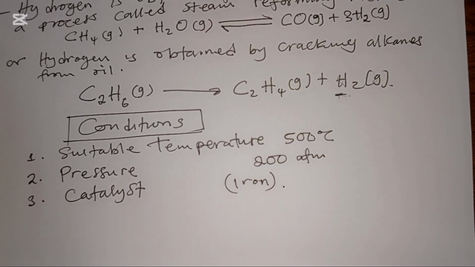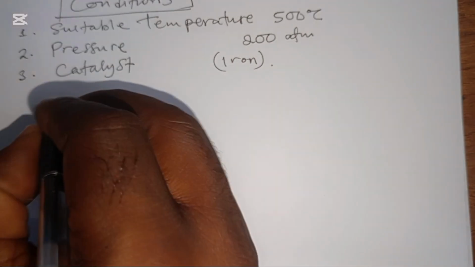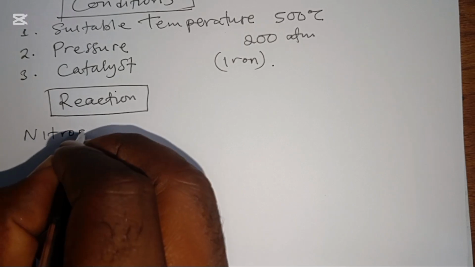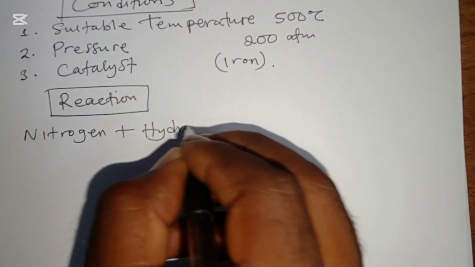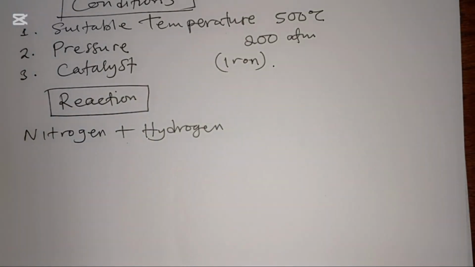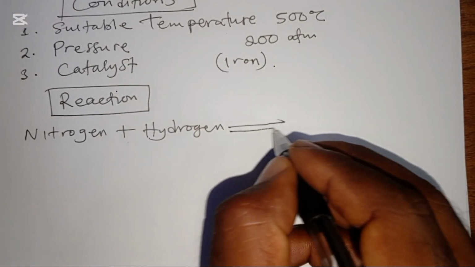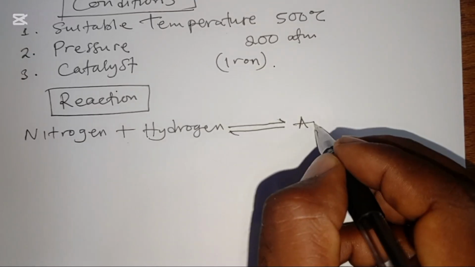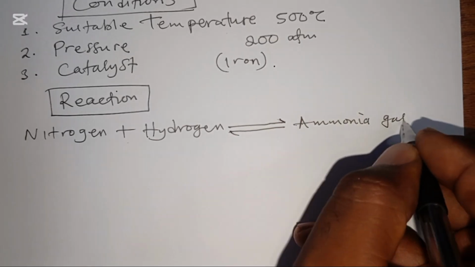Let us now look at the reaction of the Haber process. We have nitrogen plus hydrogen. This reaction is reversible, and we are going to have ammonia gas.